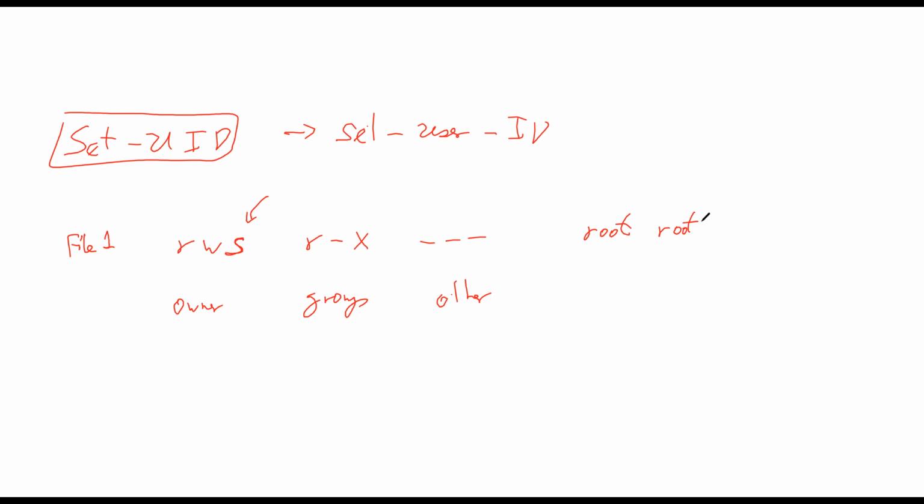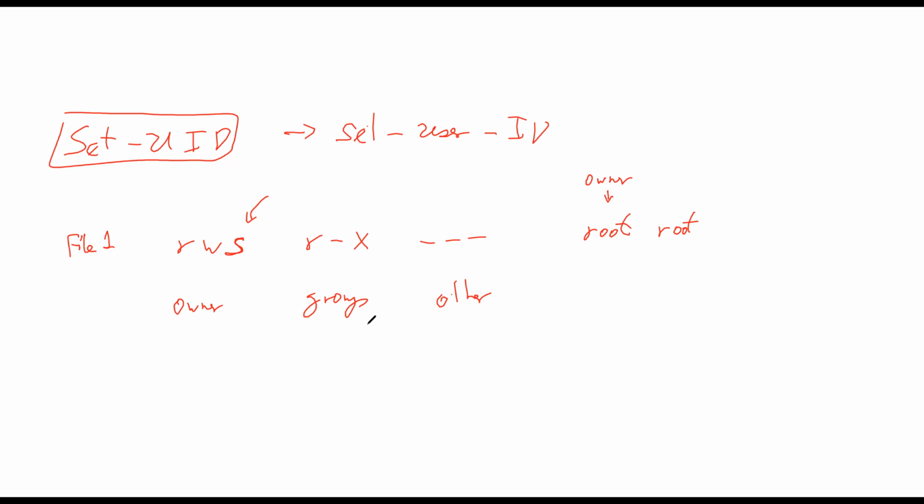If the owner is root, what's going to happen with the SetUID? It's the definition: the program runs with the privileges of the owner. So a program running with the privileges of root has all that power.